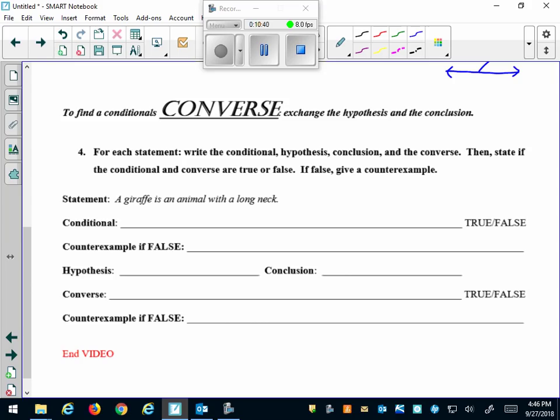The conditional would be: if it is a giraffe, then it is an animal with a long neck. Is that true or false? That's true. Giraffes all have long necks. Counterexample we can't come up with because all giraffes have long necks.